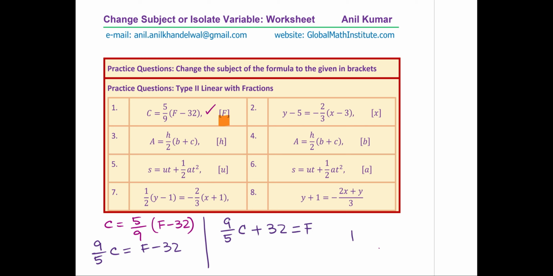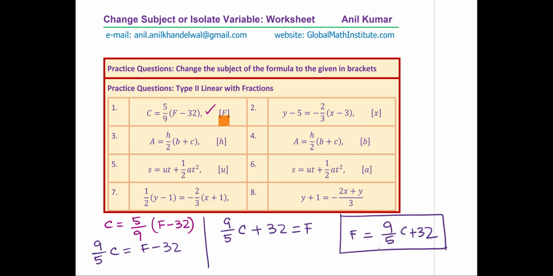And therefore, I have isolated f, which is equal to 9 over 5c plus 32. Perfect. So that becomes my answer for the given question. Did you understand these steps? So when I do a couple of these examples with you, you go through them, right? You can always pause the video, go back to the examples, and then review.